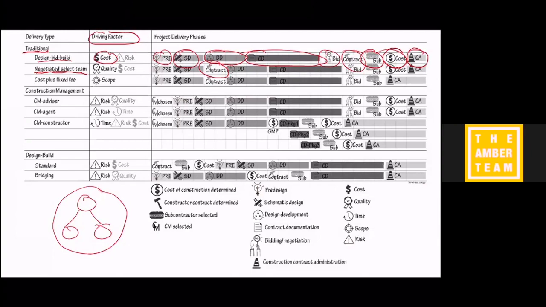We want him to be involved in the design a bit, at least at the beginning of design development. But because the contractors are no longer bidding, it says bid there, but actually we probably should get rid of that. Because the contractors are no longer bidding against each other in quite the same way, we've lost maybe some of our cost advantage.